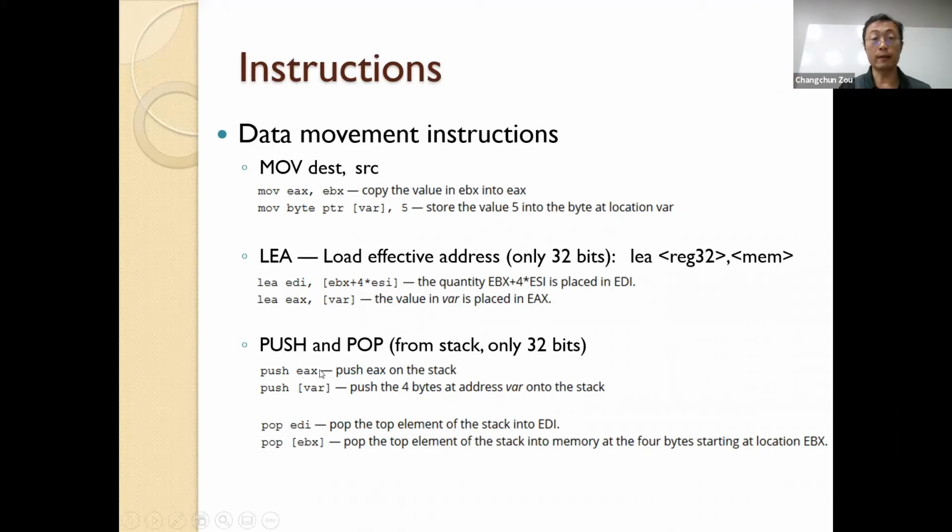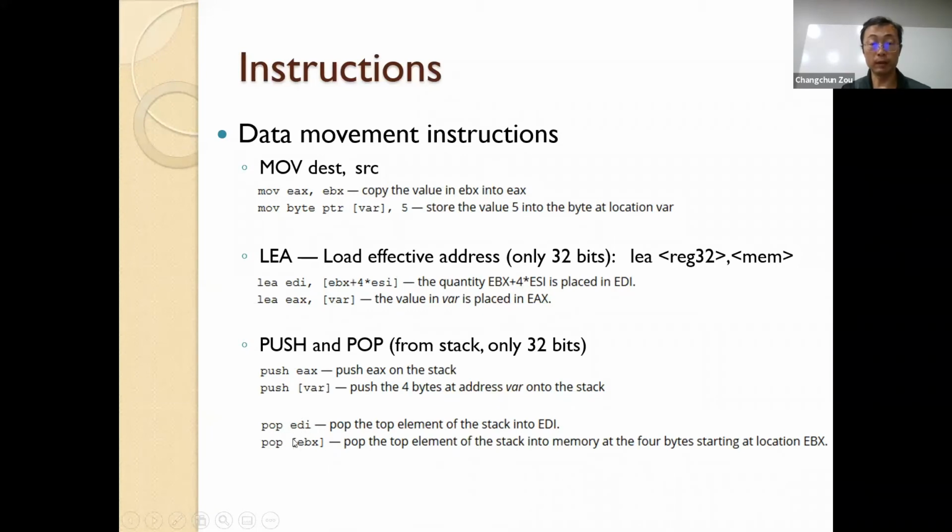This pushes the EAX register's content into the stack. This push is a push of a 4 byte value at this location. This var is a pointer. At this location, a 4-byte value goes into the stack. This pops the 4-byte value and saves it in this EDI register.